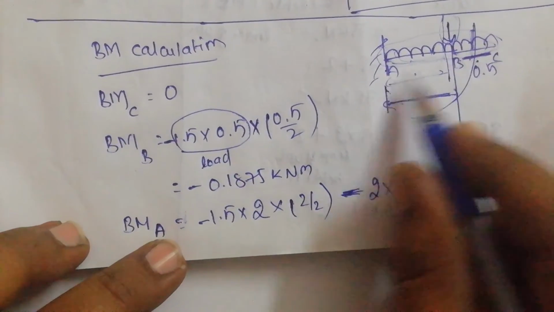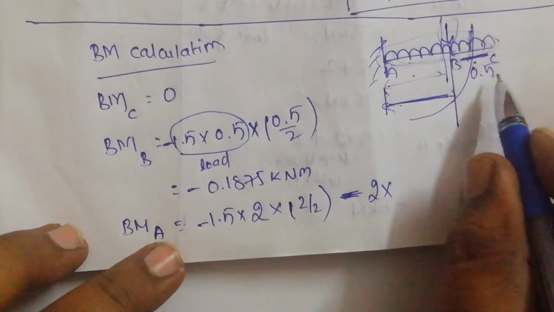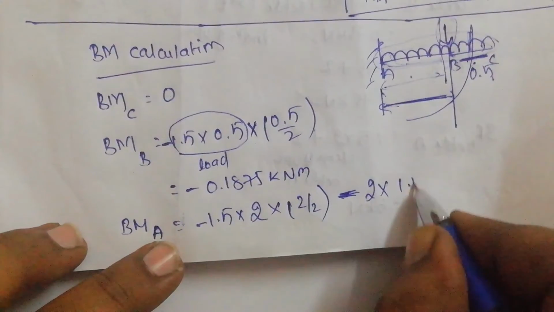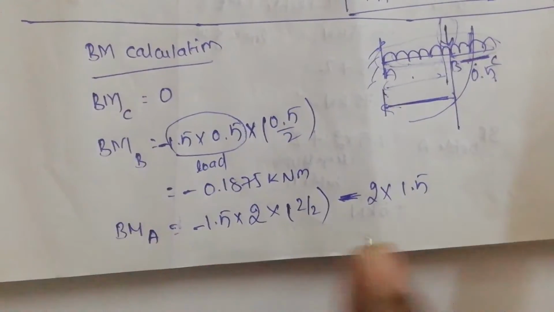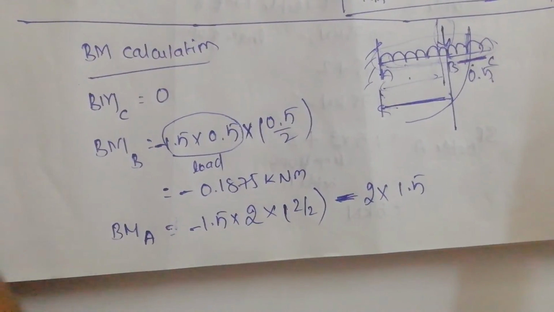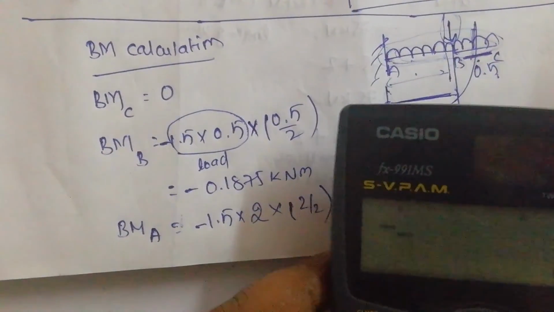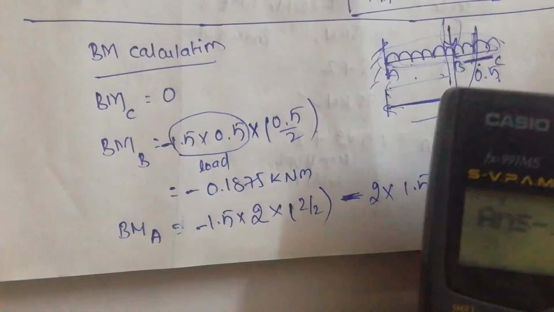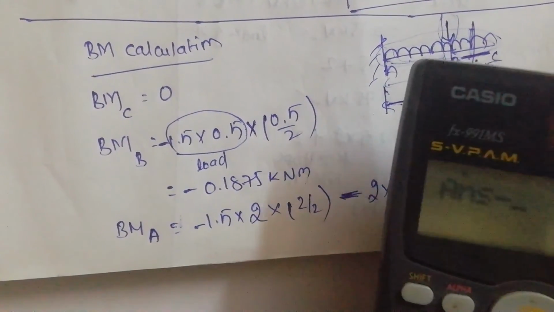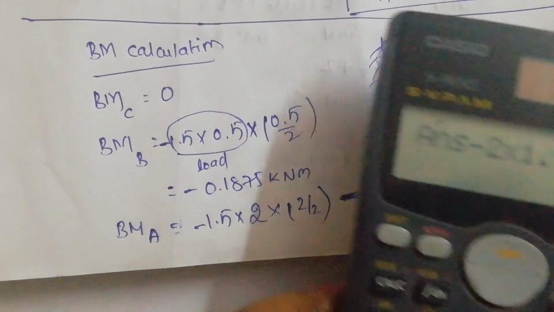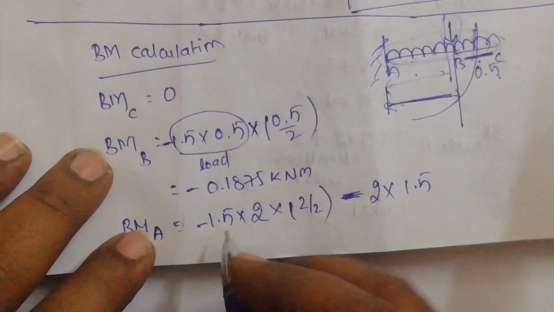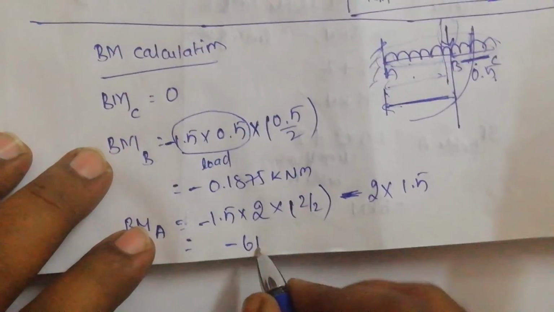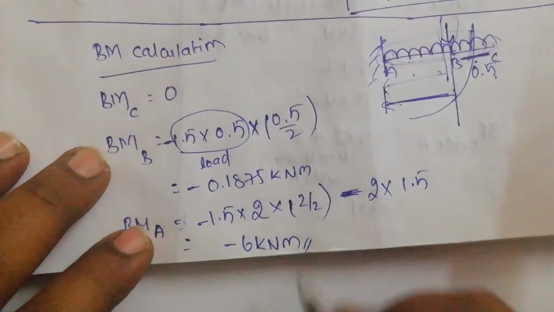Total is 2, means 2 minus 0.5. The value will be 1.5. So if you do this calculation, you will get minus 1.5 into 2 into 1 minus 2 into 1.5. So you will get the answer as minus 6 kilonewton meter.